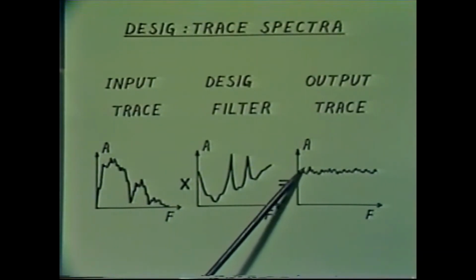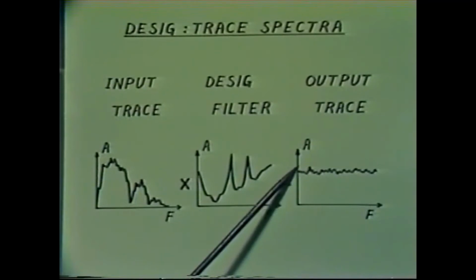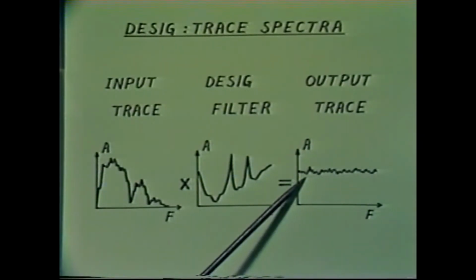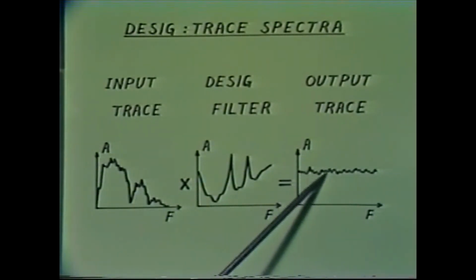The output spectrum is in general fairly flat, but it shows the rapid fluctuations which are part of the reflection sequence, as we've seen that it should do.